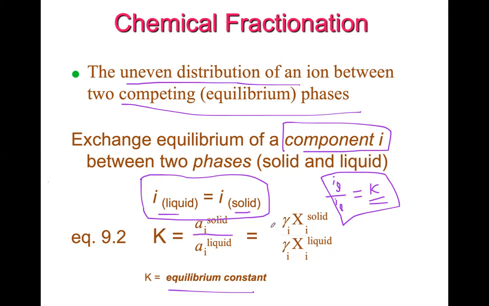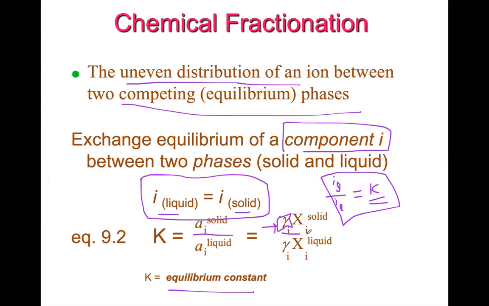Also, you can represent this using the activity coefficient, because concentration itself might not reflect this behavior for all the elements. For some elements, you can just represent this by the concentration ratios, but it might not be correct, right? It depends. So you have to take the activity coefficient for that particular element and multiply it by the concentration, right?